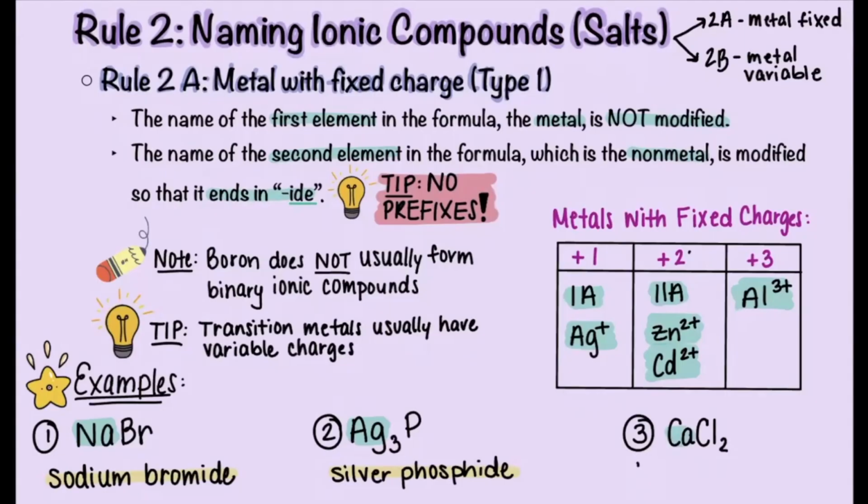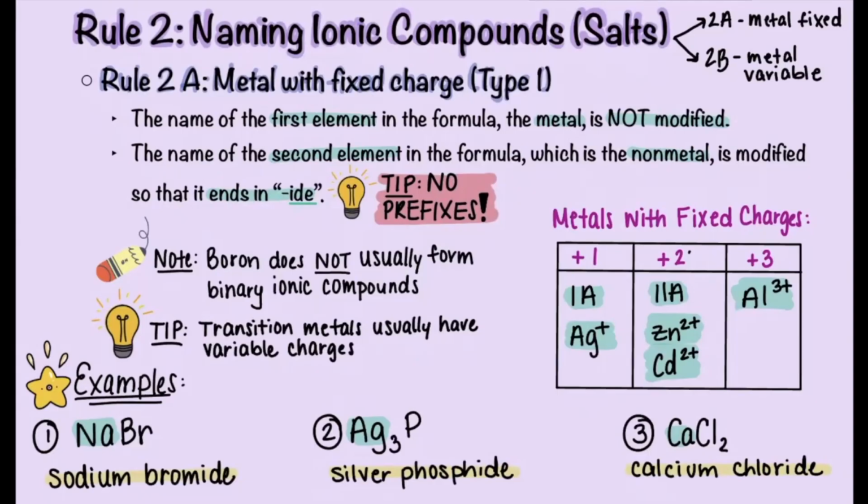So we name it calcium chloride. We change the second element's name from chlorine to chloride. And just as a little tip, teachers will always try to trick you with answers like calcium dichloride. But remember, prefixes are not used for ionic compounds.